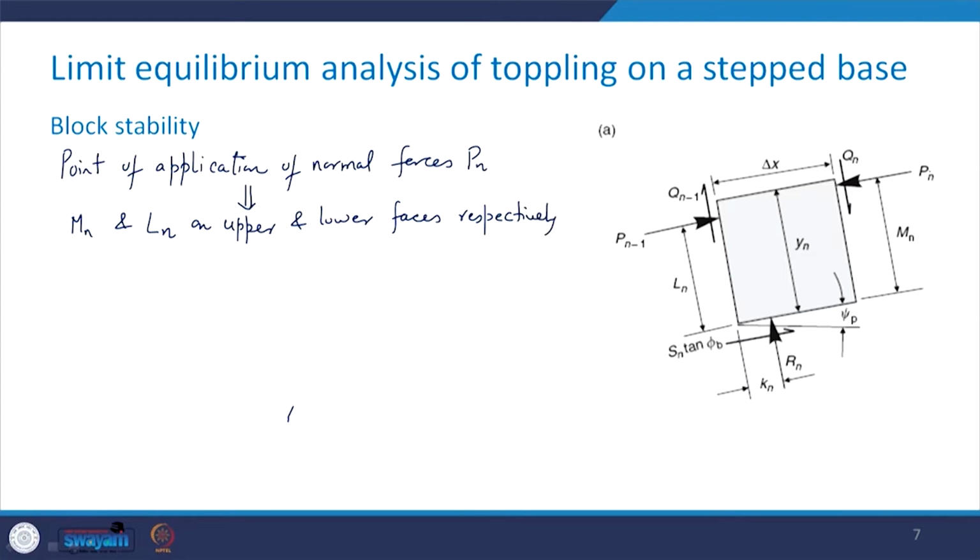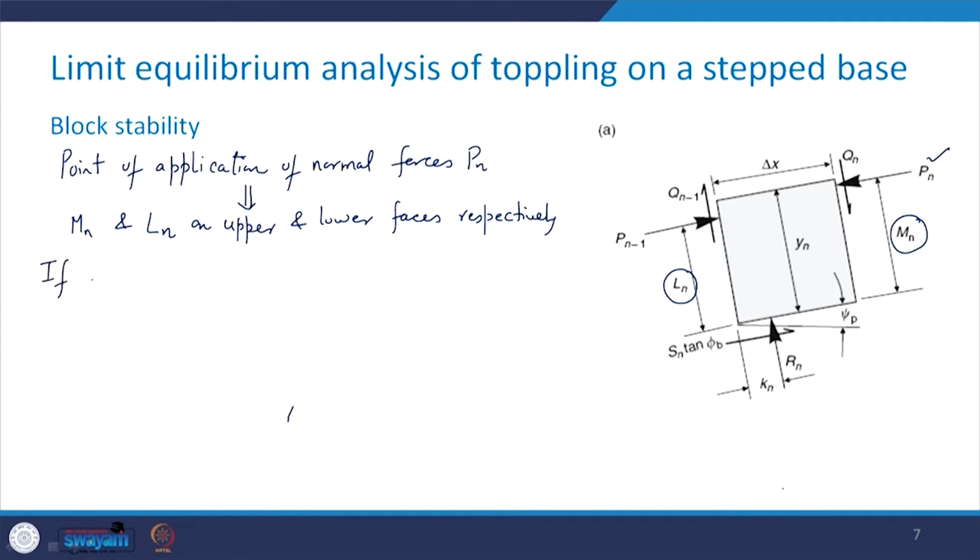See here, this Pn is acting at a height of Mn and Pn minus 1 is acting at a height of Ln. Now I take the three cases, that is whether this nth block is above the crest, at the crest, or below the crest of the slope. So there is going to be three cases.